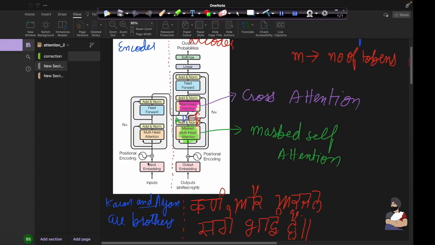Then the positional encoding is done. Positional encoding makes sure that each token is not invariant to position. After that, the vectors are linearly projected into key, query and value triplets, and there are some weights associated with it, and then the attention mechanism is done.